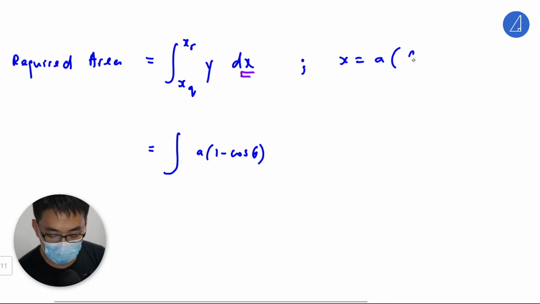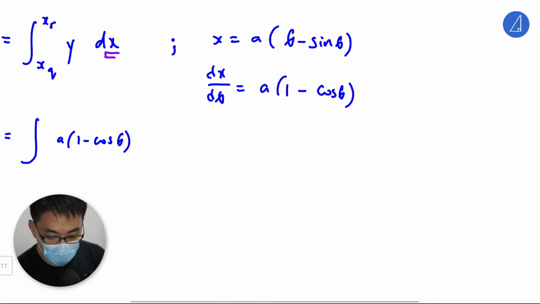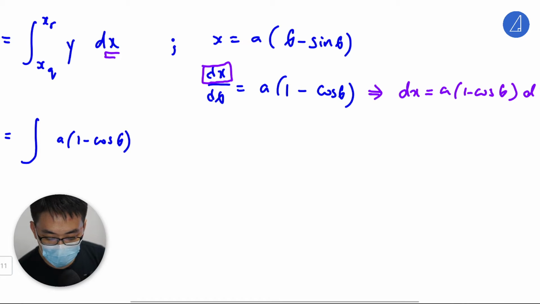So dx/d theta is a(1 minus cosine theta), differentiating sine gives cosine theta. You treat this as an entity. Of course, this is dx equals a(1 minus cosine theta) d theta.